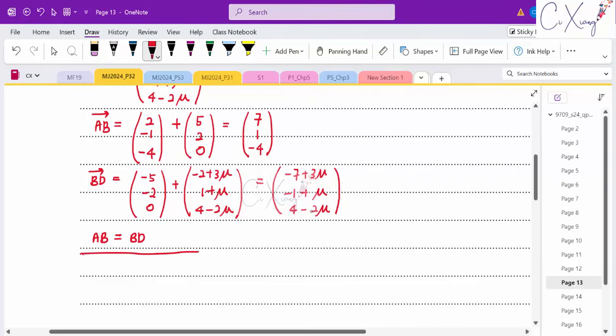The modulus of AB is this one: 7 squared, the square of a plus b squared plus c squared, square root. Then the modulus of BD will be -7 plus 3 mu squared, and so on, x squared plus y squared plus z squared.